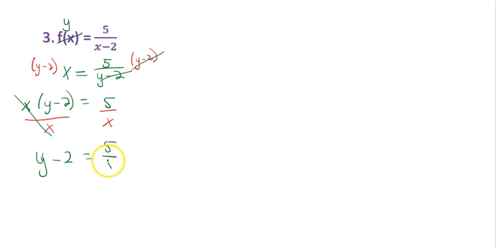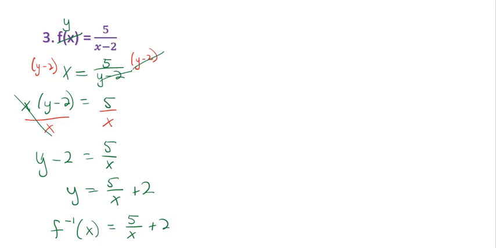I have 5 over x on the right. Then I'm going to add my 2. And I have 5 over x plus 2. And then again, since I started in function notation, I'm going to end in function notation. F inverse of x is going to replace my y. And my equation is 5 over x plus 2.